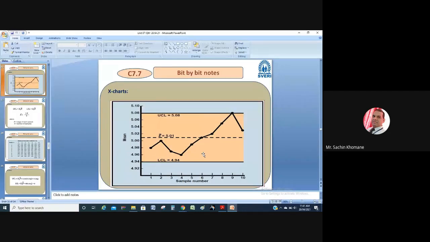At least tell me this. Things are within control or it is out of control. Control chart is made for that only, right?